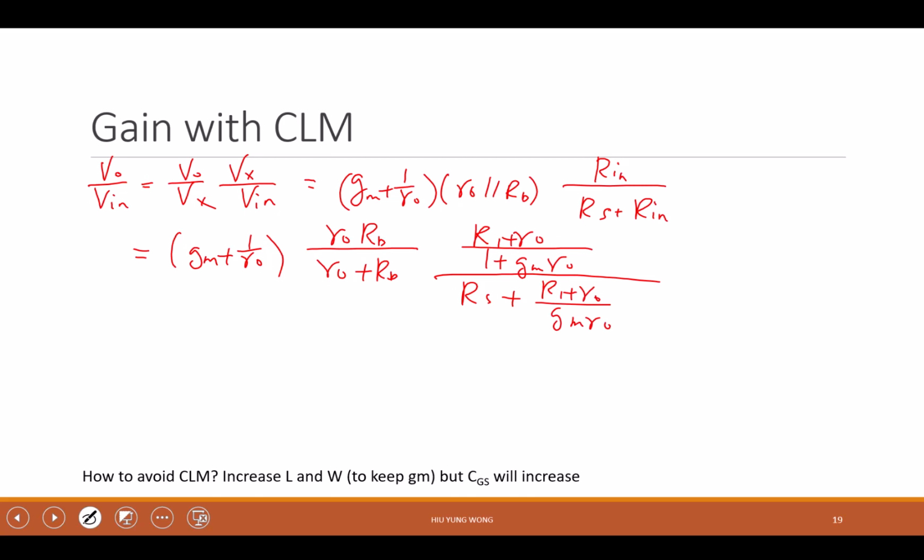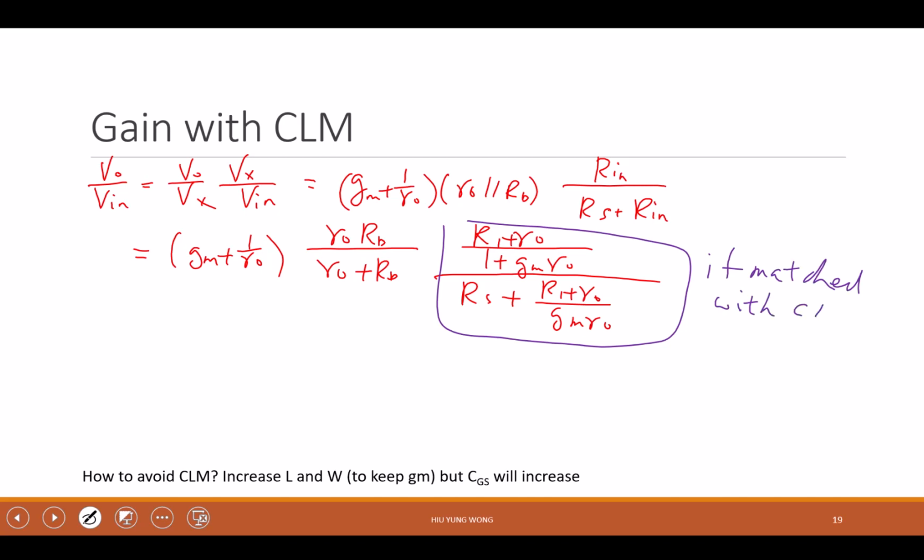Very troublesome, right? Actually, no need to do that. Because if we match with channel length modulation, this is just equal to half. Because I match it, right?